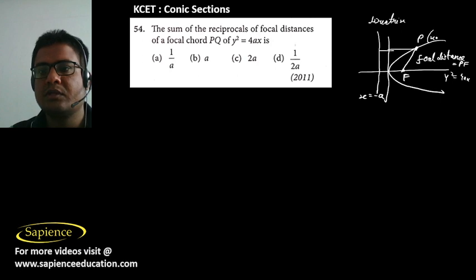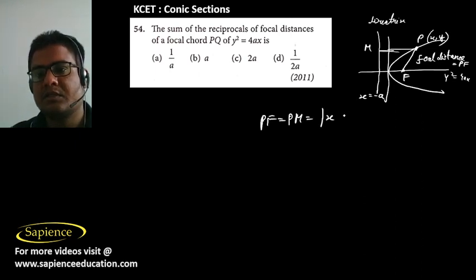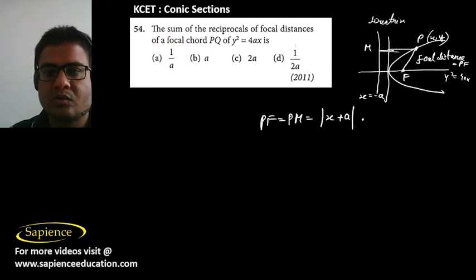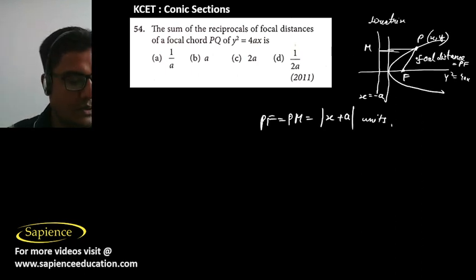So this point is x comma y. So this length PM. So PF equal to PM. So PM will be mod of x plus a. This length is x units. This length is a units. So mod of x plus a units. So the sum of the reciprocals of focal distances of a focal chord.